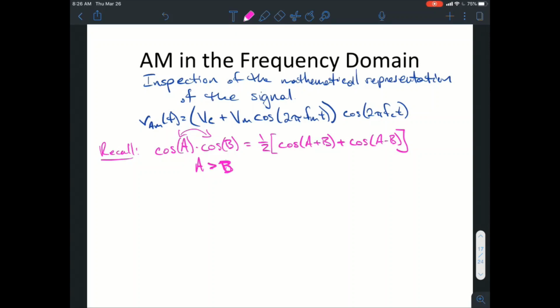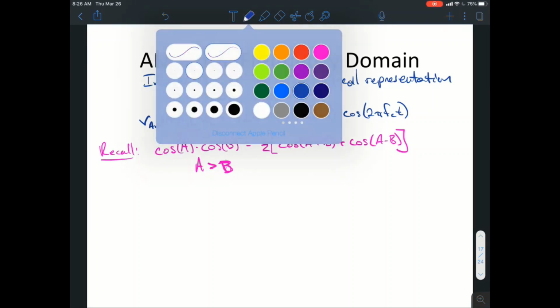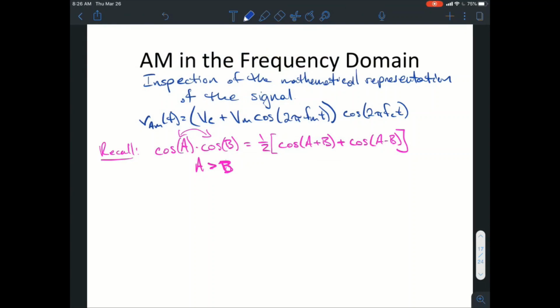So let's look at this signal a little bit closer, and break it down so we can get a more reasonable expression. We have our V sub AM up there, and if we expand that out, we end up with V sub c times cosine 2 pi f sub c of t plus V sub m cosine 2 pi f sub m of t times cosine 2 pi f sub c of t.